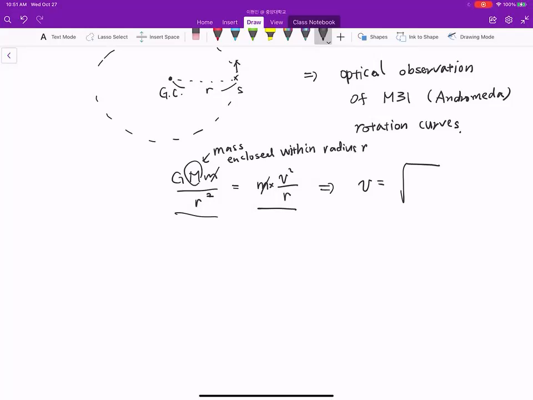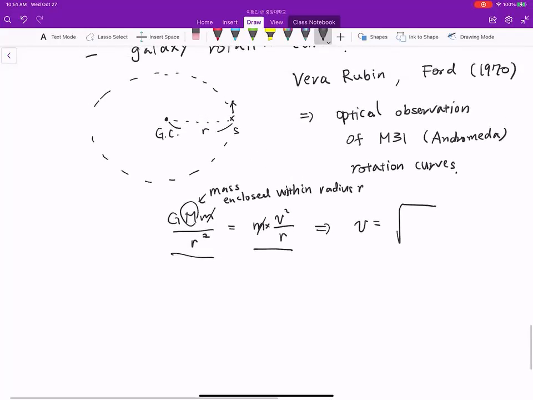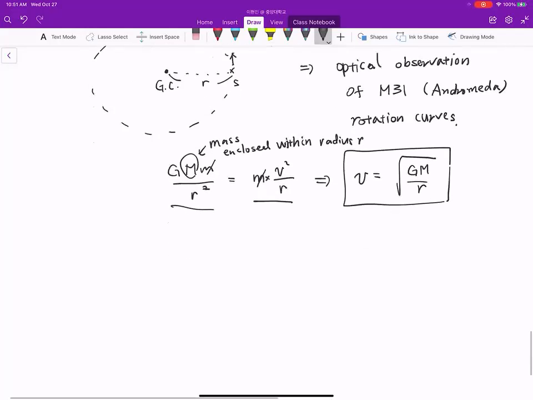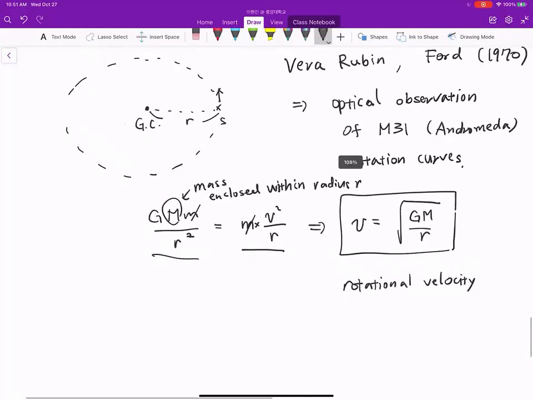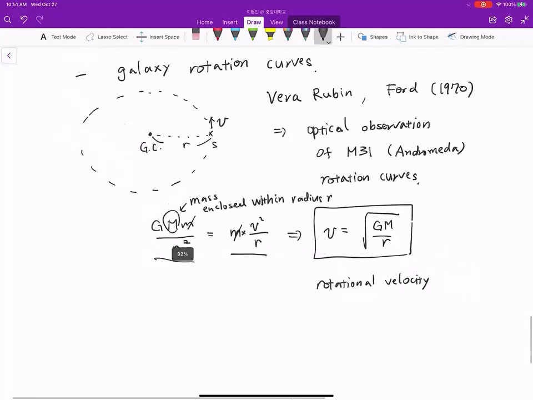So the total mass cannot be concentrated at the origin; it can be distributed, but we are assuming spherical symmetry. Then you get this result, where V is the rotational velocity.